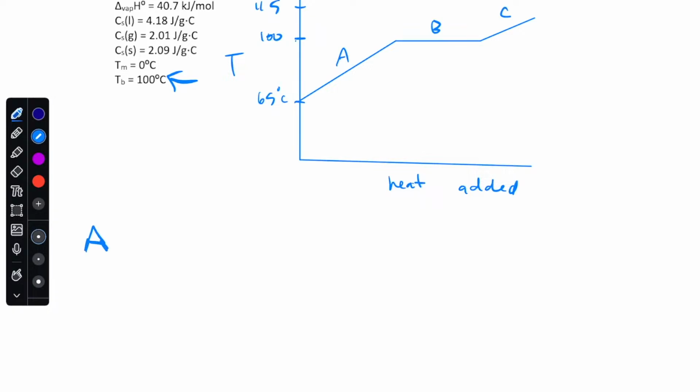So for zone A, I don't know why I tried to draw that as a delta, but it's an A. Q is mcΔT, and the mass is 36 grams.